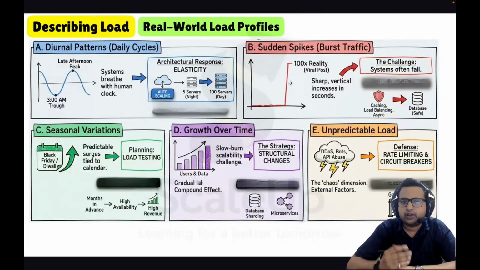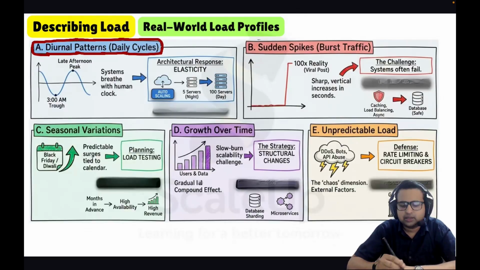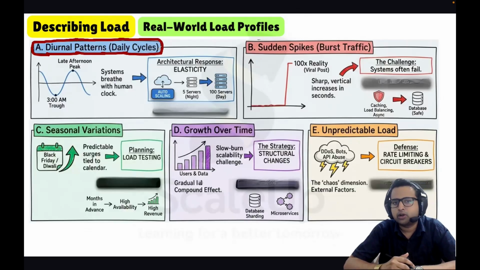So now we will discuss some different types of real world load profiles. So we have something called diurnal patterns, that is daily cycles. What it means, let us understand. See, most systems breathe with the human clock.